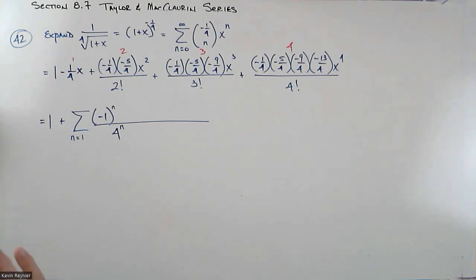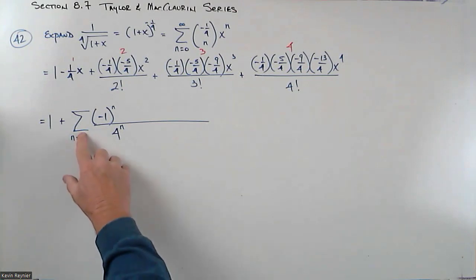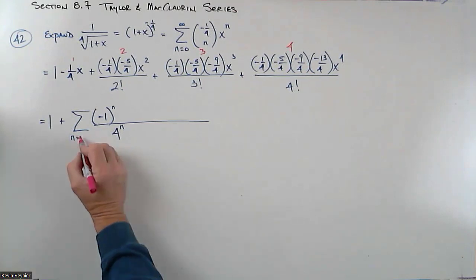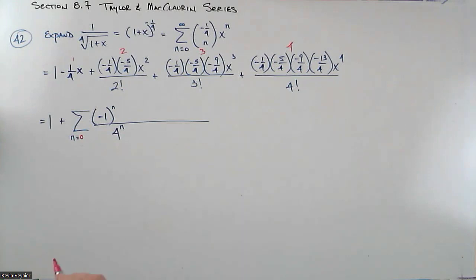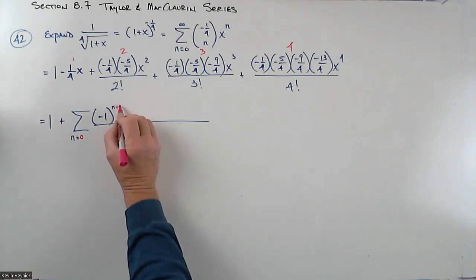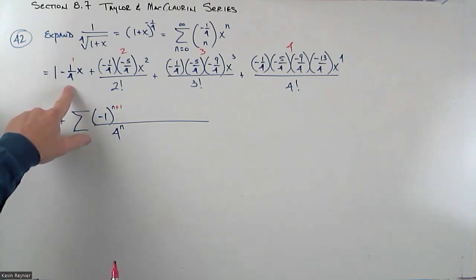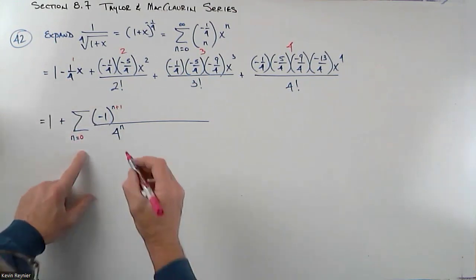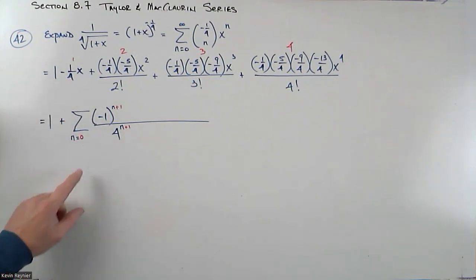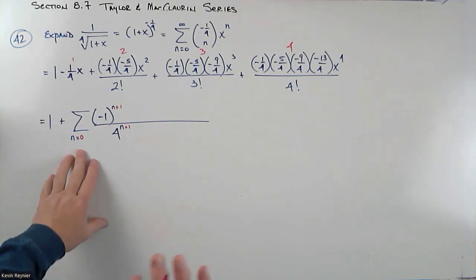Okay. Now, again, right is right. If instead you started this at 0, you would have to make this n plus 1, right? Okay, that's fine. This would be 0, but you need 1, 4. So you would have to make this n plus 1. So it looks like if we started at 0, again, it would be correct.